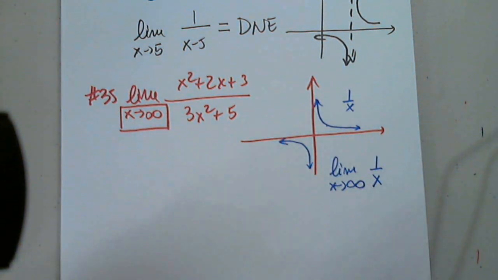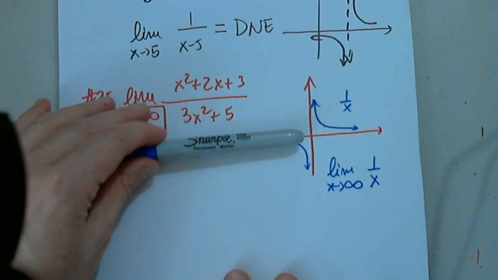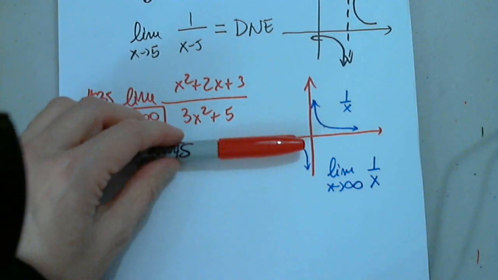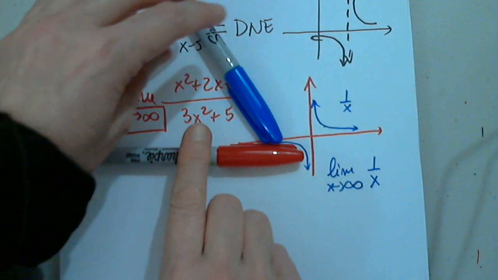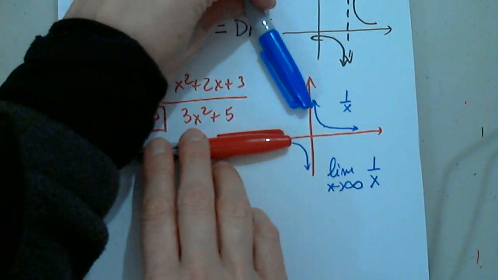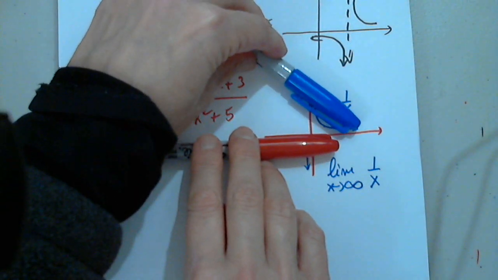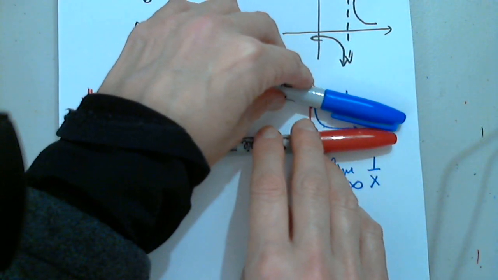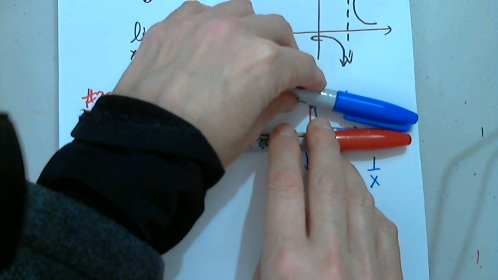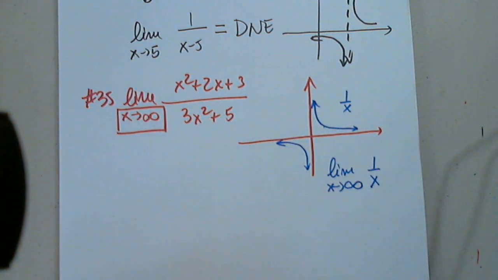Don't say anything just yet. I'm showing x approaching infinity with red and the function with blue. So x approaches infinity. Where is the function going? Towards zero. Thank you very much.